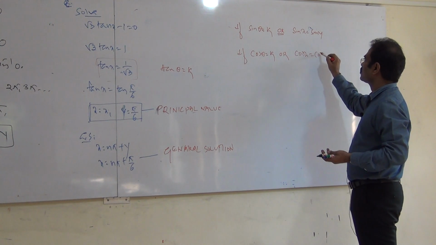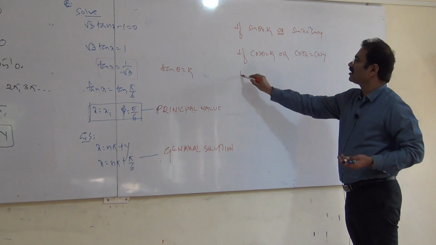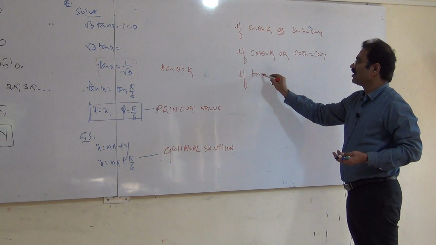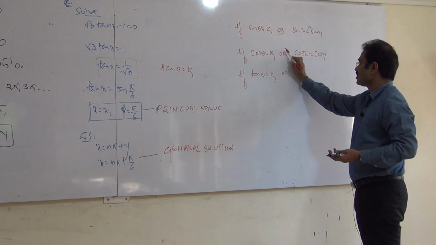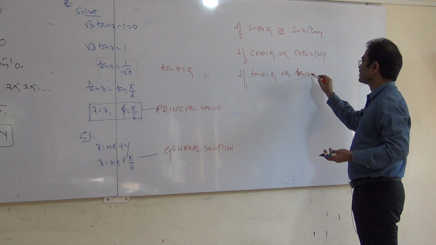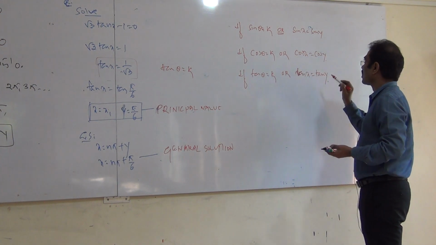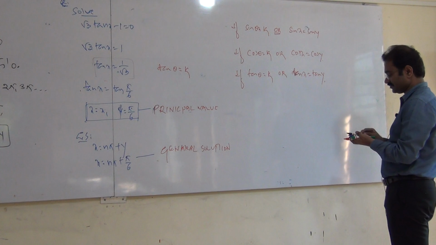Cos x is equal to cos y. If tan theta is equal to k, first you have to express like this, or tan x is equal to tan y, then what are the general values?